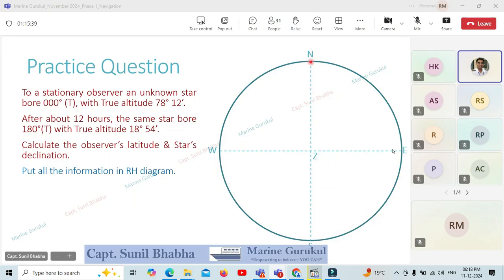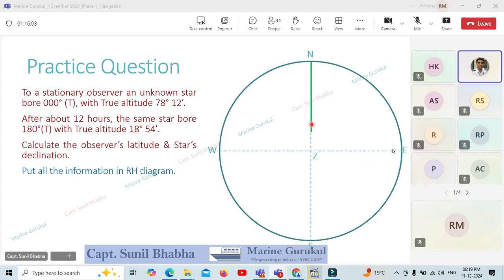Now point N, being on the horizon, is at 0 degree altitude. Point Z, being the zenith of the observer, is at 90 degree altitude. The altitude which we require is 78 12. So from the horizon going 78 12, somewhere here is going to be our star.